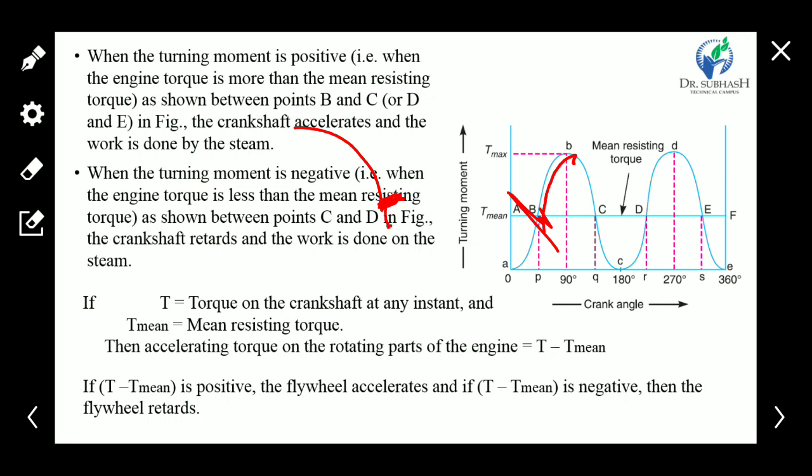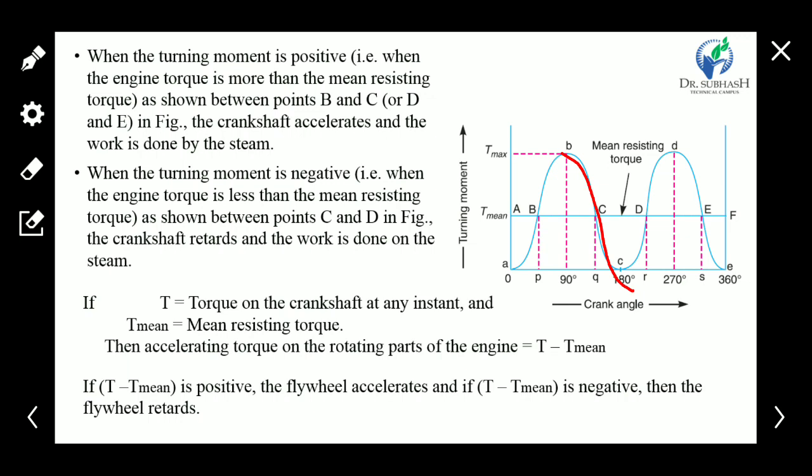After that the energy is reduced, and the steam has to be pushed out. At 180 degrees the energy is minimum, means negative, because work is done by the crankshaft on the steam on the other side, as it is a single cylinder double acting steam engine. So the useless steam comes out from the other side after 90 degrees.